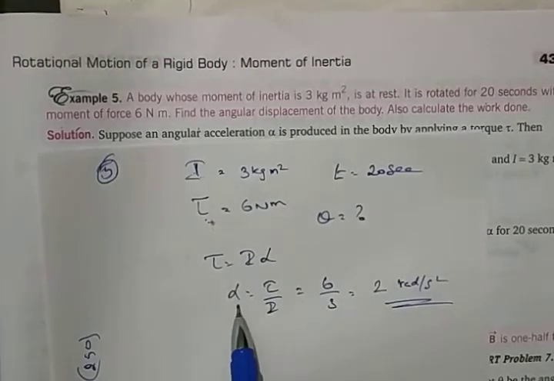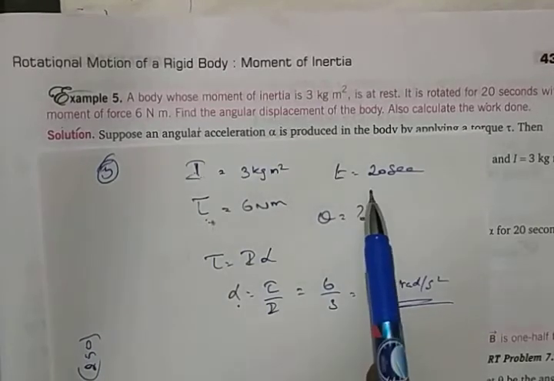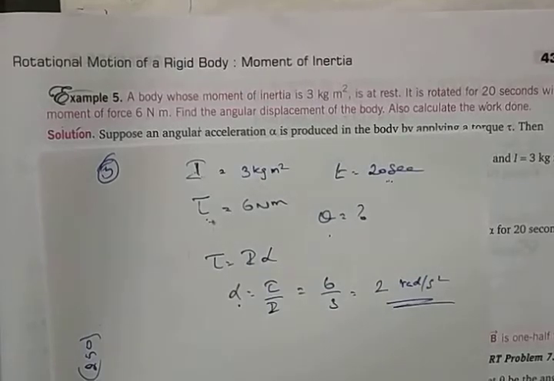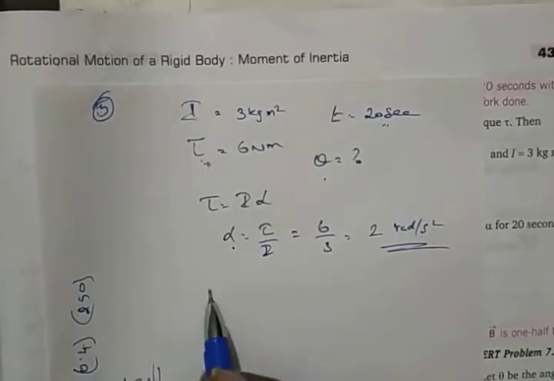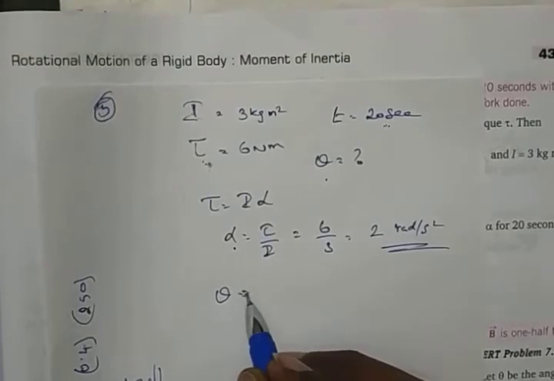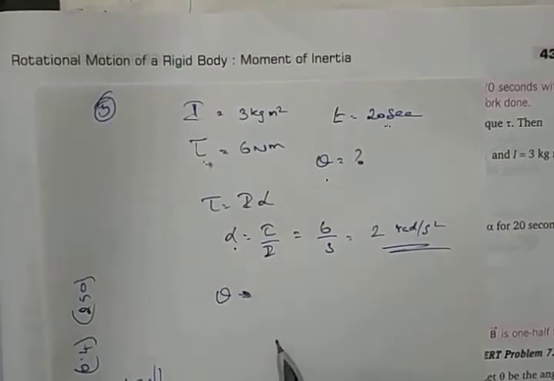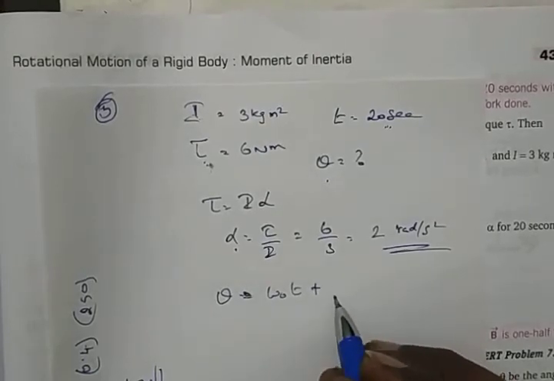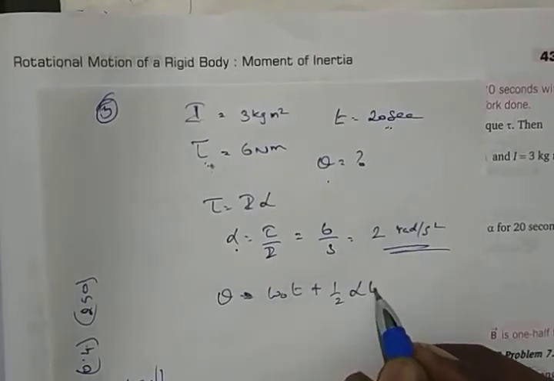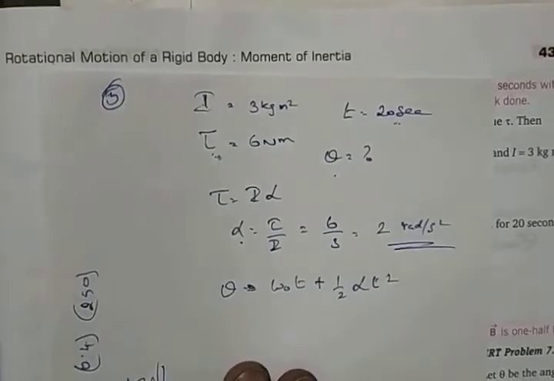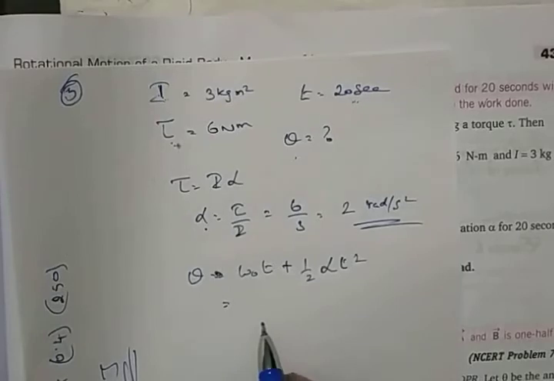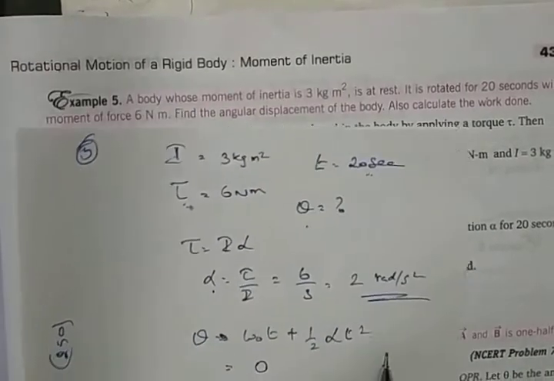Now because of alpha here and the time given here, you can find out theta by the equation of motion. Theta is like S equals ut plus half at square. What is the formula? Omega naught into t plus half alpha t square. Do you know all of them? Yes, we know all of them. Omega naught is 0 because it is starting from rest.